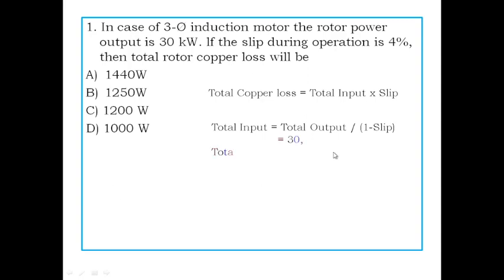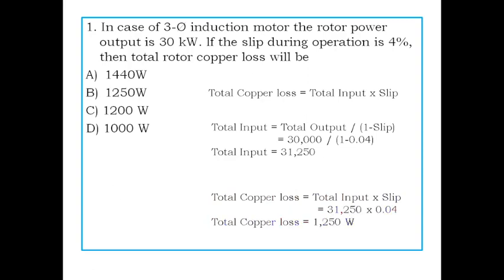So we can simplify and get the total input as 31,250, that is 31.25 kilowatt. Now we can substitute this in the above formula to get the total copper loss, that is 31,250 into 4%. So the answer is 1250 watt. So for this question option B will be the answer.